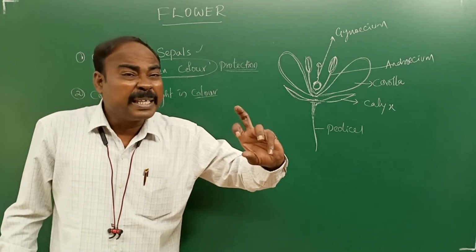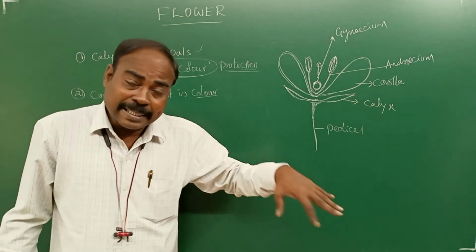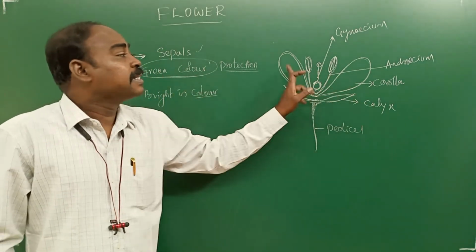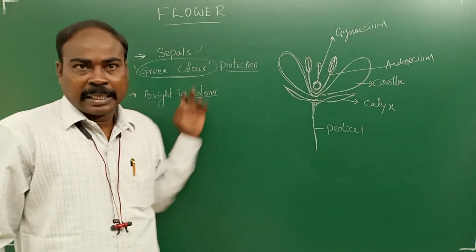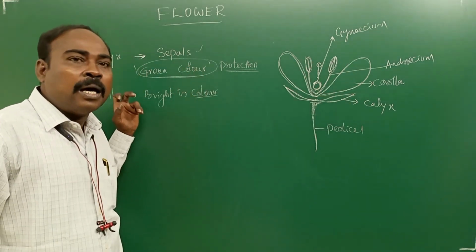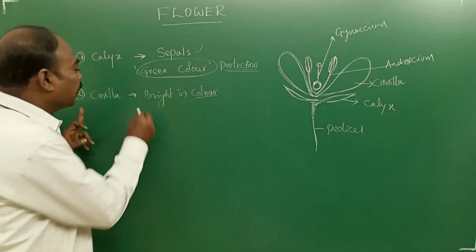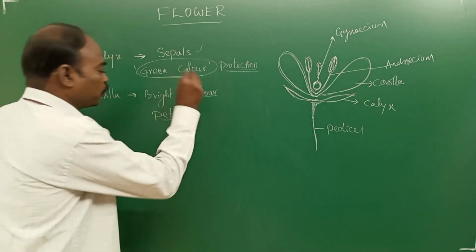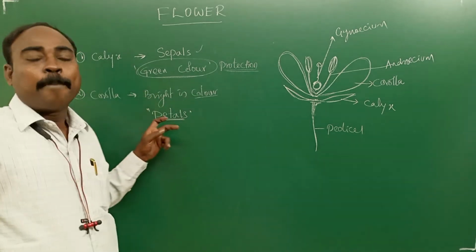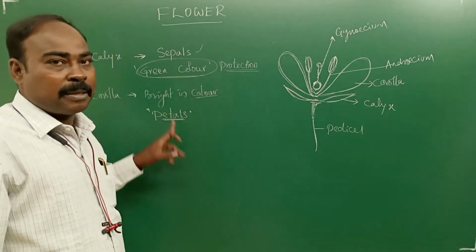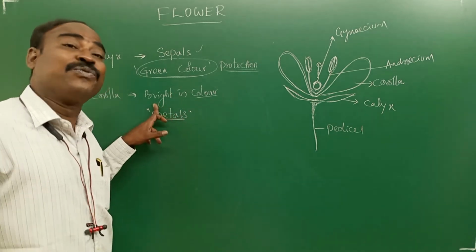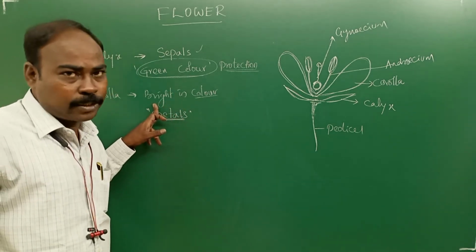Likewise, different flowers have different bright colored leaves, found in the second whorl. Such second whorl is called corolla. The petals are the individual leaves. Sepals, petals. Bright, different colors in different species, right?